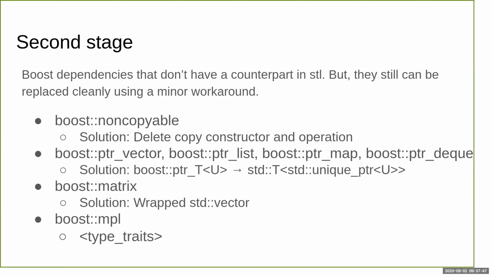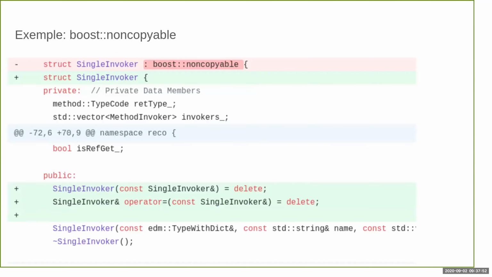For example, boost noncopyable. Boost noncopyable is a dependency of boost that makes a class non-copyable. So instead of using boost noncopyable, we can simply delete the copy constructor and the copy operation, and we can remove this boost dependency.